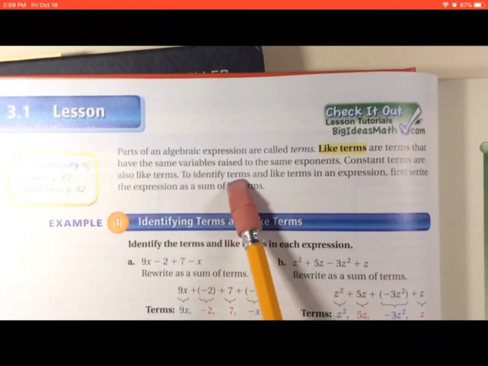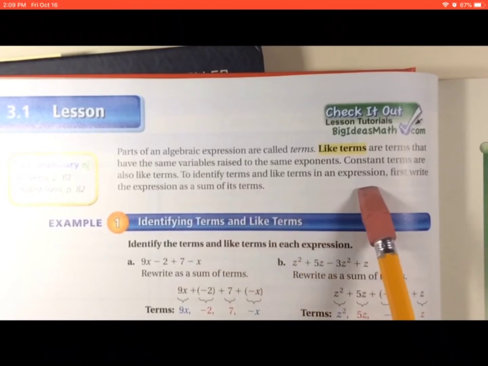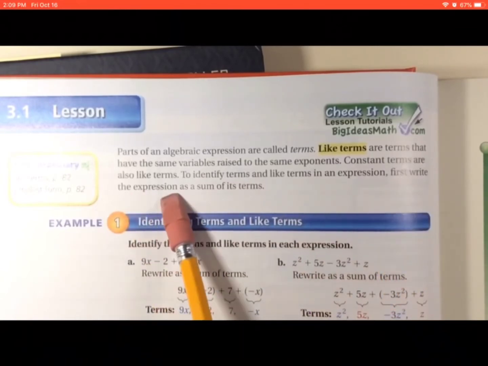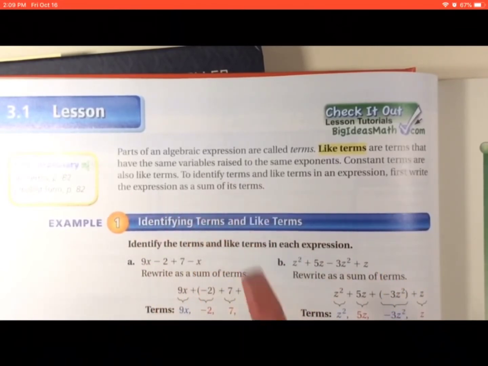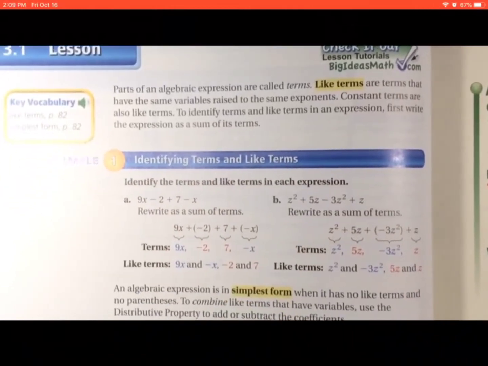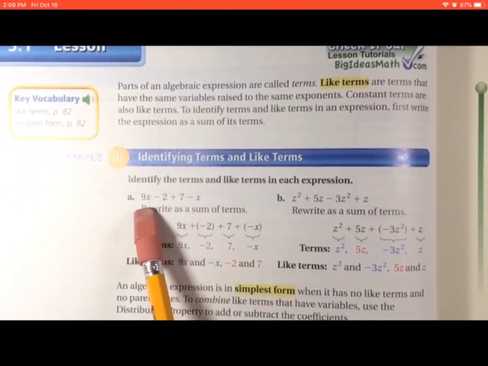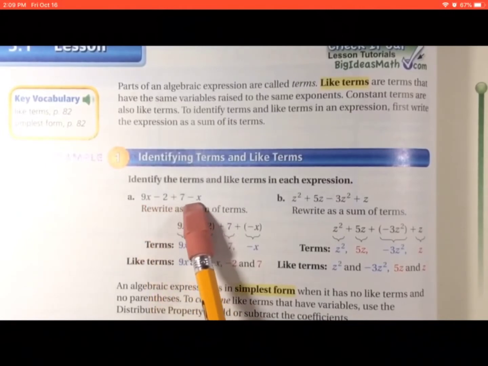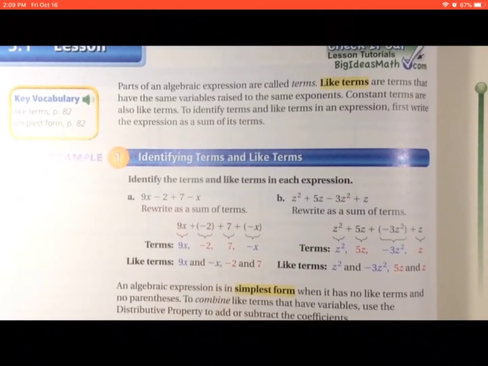To identify terms and like terms in an expression, first, write the expression as a sum of its terms. So, for instance, here is an expression, and they want you to rewrite that as a sum of the terms.